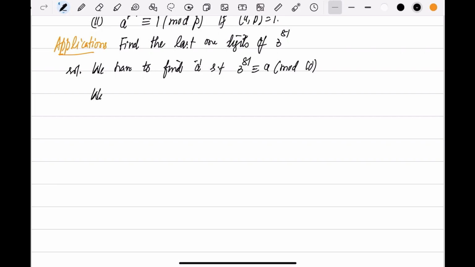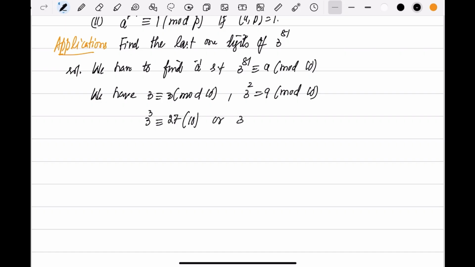Using the calculation in a similar way, we have 3 is congruent to 3 modulo 10. Then 3 square is congruent to 9 modulo 10. 3 cube is congruent to 27, or 7, modulo 10, because 27 mod 10 is just 7. Then 3 power 4 is congruent to 21 mod 10, that is, 1 modulo 10.